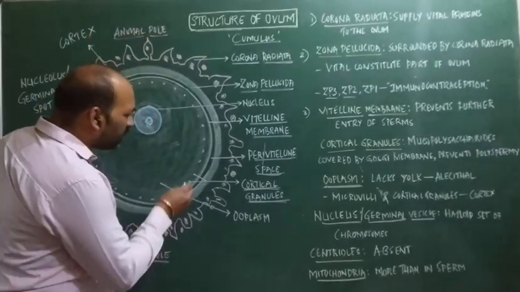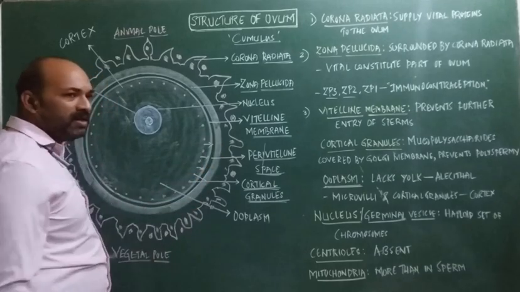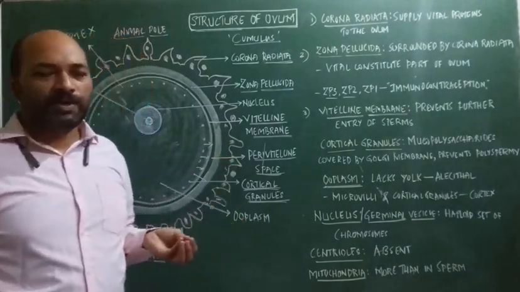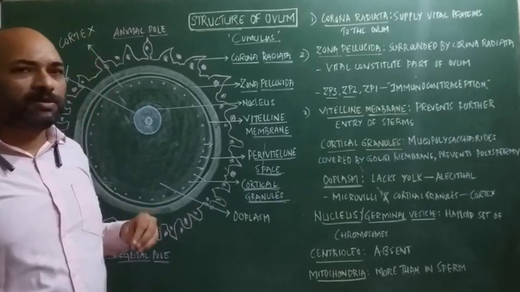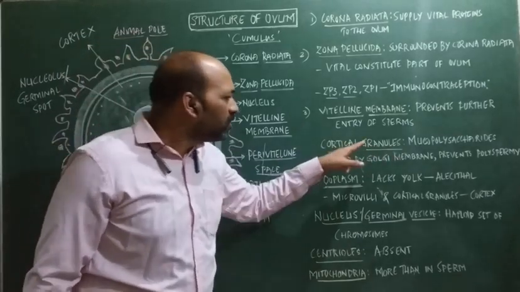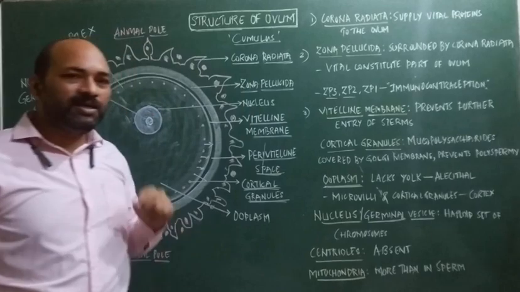Those enzymes bind to the plasma membrane, thereby making the soft plasma membrane hard and tough, which prevents the entry of the next coming sperms. So cortical granules release those enzymes, and thereby they prevent polyspermy.